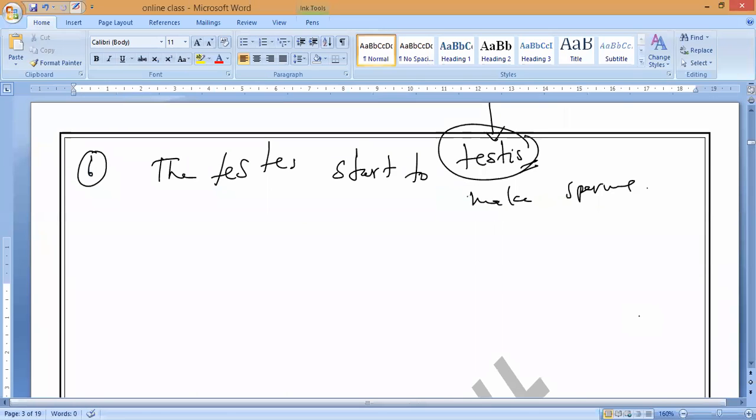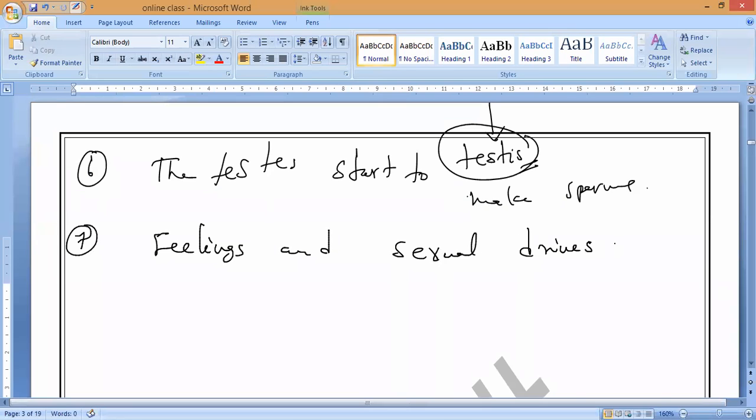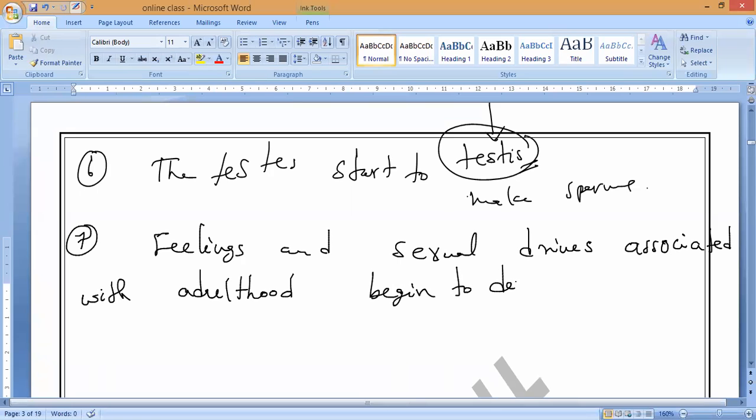Next, seventh point: feelings and sexual drives associated with adulthood begin to develop.